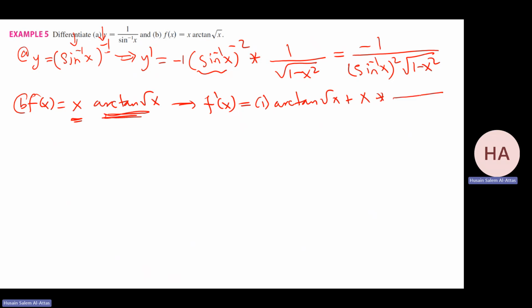What's the derivative of this? 1 over 1 plus root x, all squared, times the derivative of root x. So the answer is arctan square root of x plus x over root x times 1 plus x. You can leave it like this.